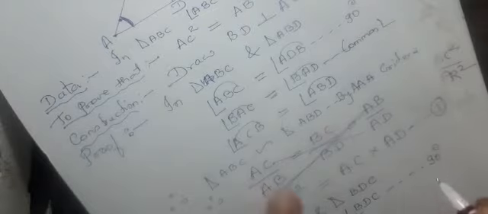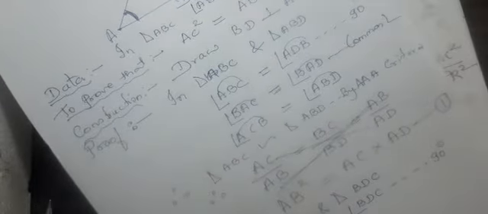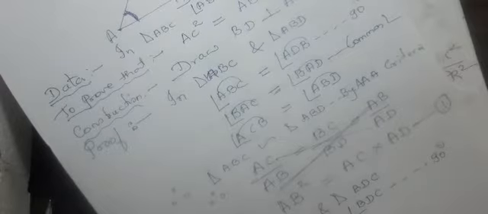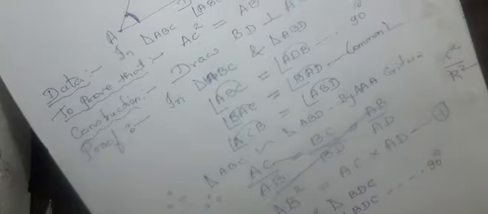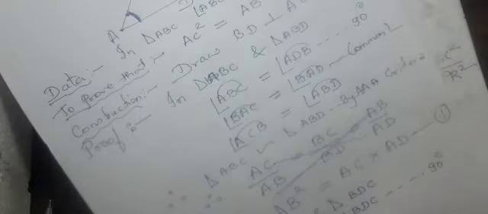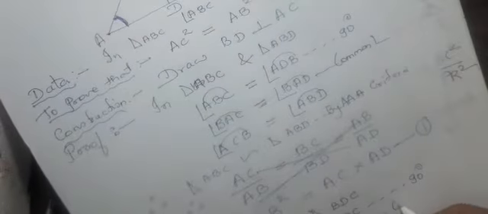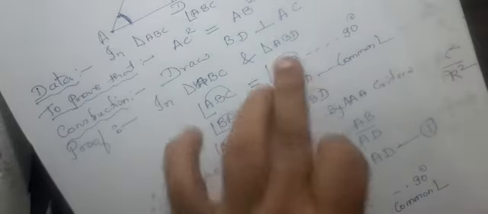Just like above it will happen, but we should mark the angles properly, and write the equal angles correctly. Angle ACB will be equal to angle BCD, or I can call it DCB also. So this is the common angle, just like there. Same thing you'll get here also.